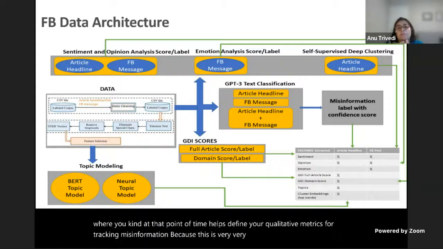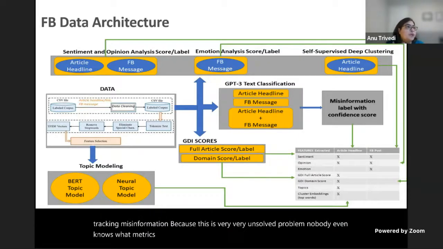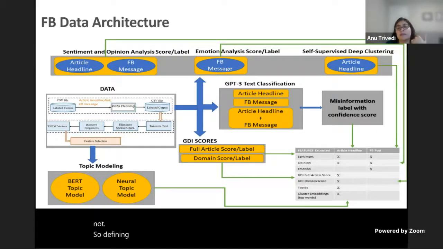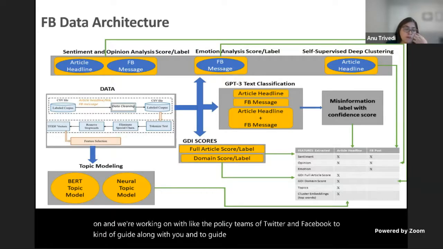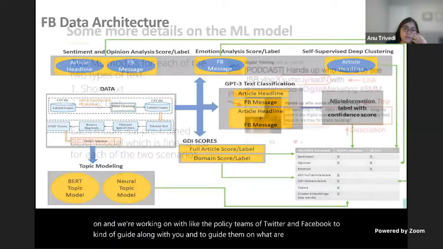Nobody even knows what metrics to track to figure out which is misinformation versus not. Defining these metrics is what we have been working on, along with the policy teams of Twitter and Facebook and the UN, to guide them on what metrics people should be looking at.